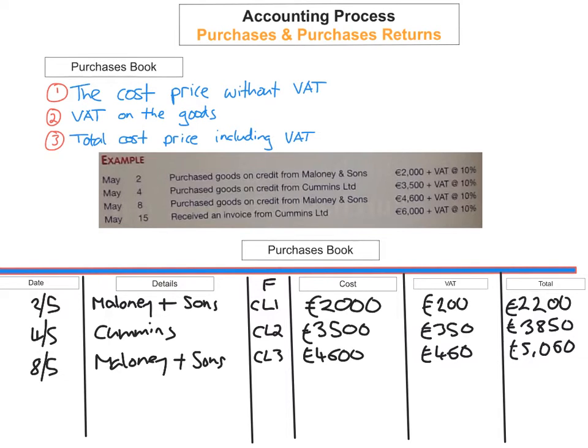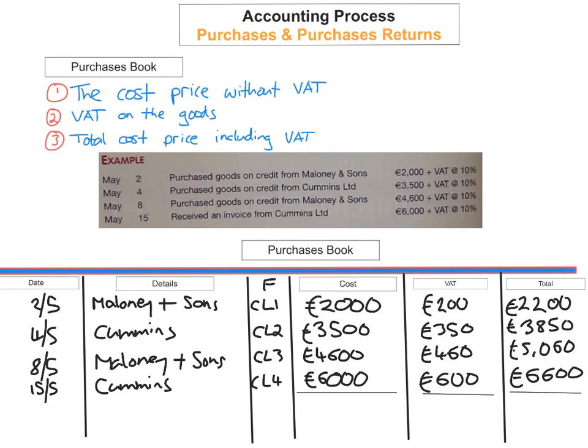The last one is on the 15th of May, the 15th of the 5th. It's from Cummins again, so received an invoice from Cummins Limited for 6,000. 10% of 6,000 is 600, so the total is 6,600.